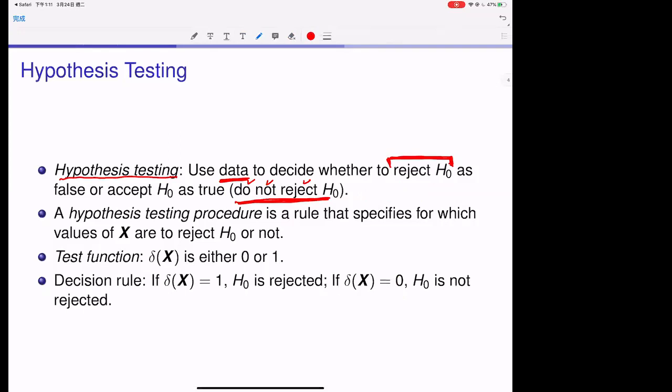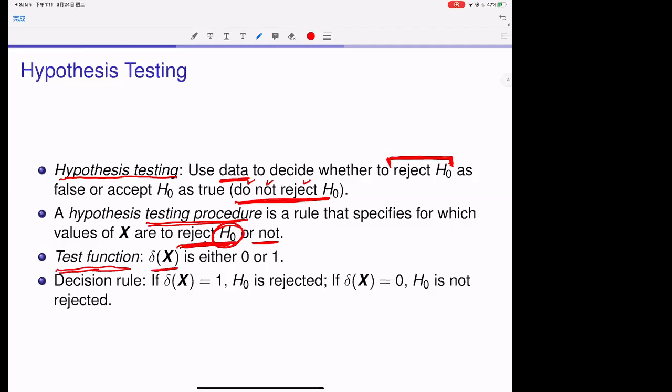So this kind of testing procedure is a rule that decides whether or not we are going to reject the null hypothesis. Only talk about the null hypothesis. Then there's one very important mathematical notation, called the test function.